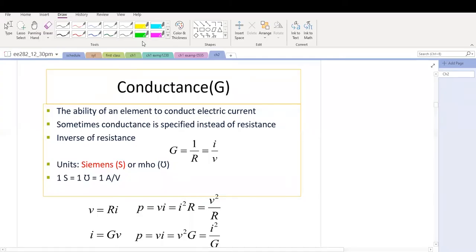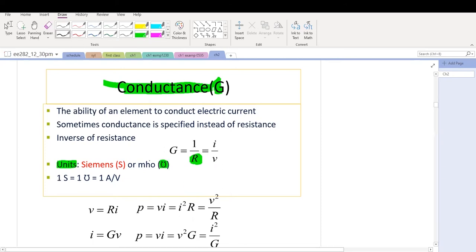The concept of conductance, which is G, is basically the reciprocal of R, this resistor. So G equals 1 over R, and that equals I over V. The units here have become interesting. This is like a reciprocal of ohm.